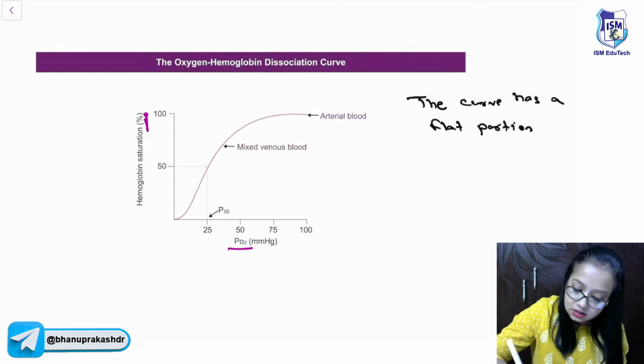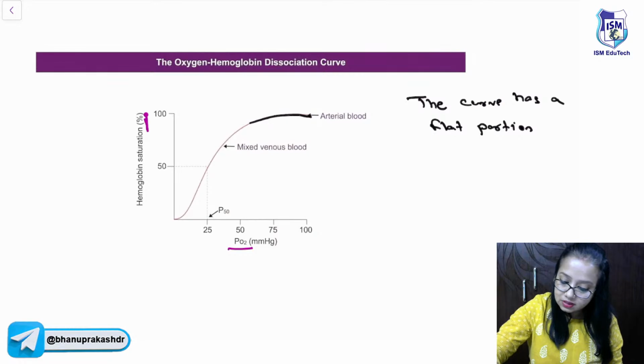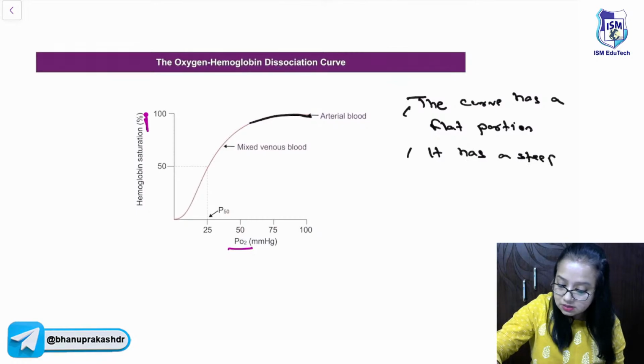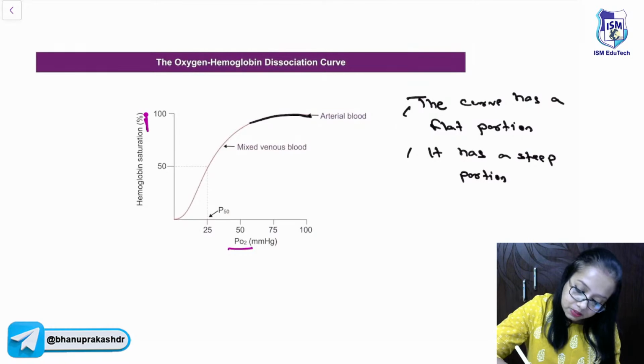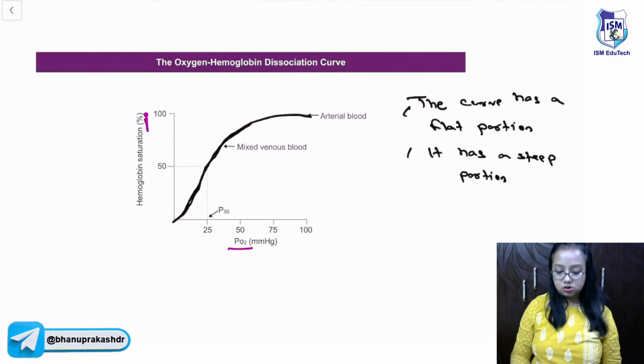This one is the flat portion, and then it has a steep portion. It also has an up climbing. There's a flat portion and then there is a steep portion also.